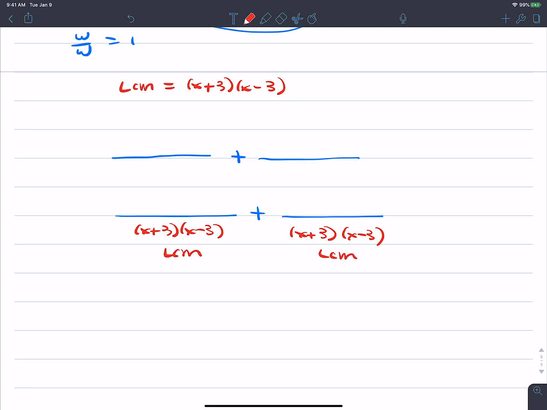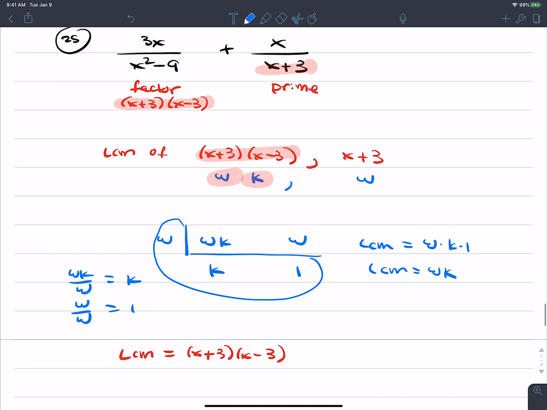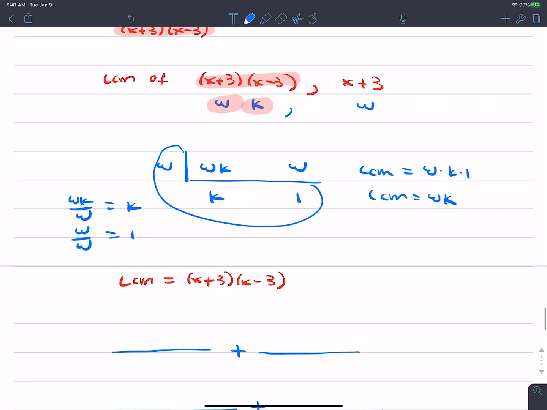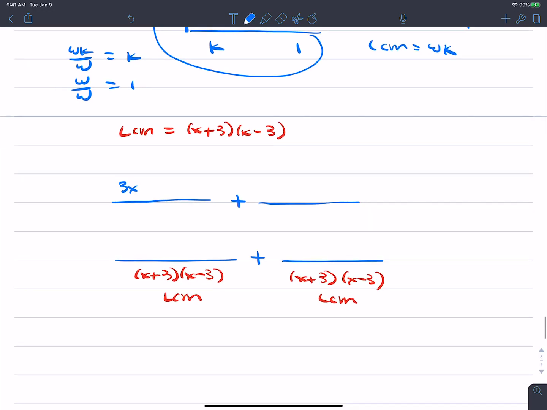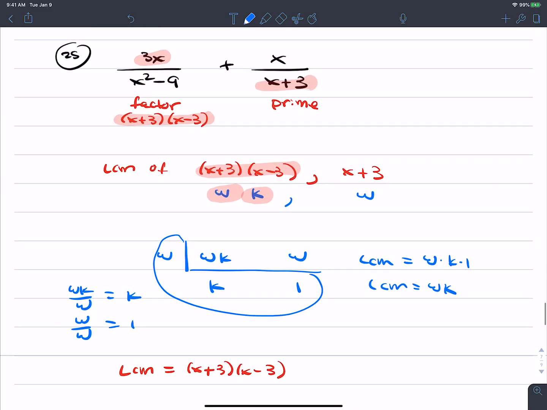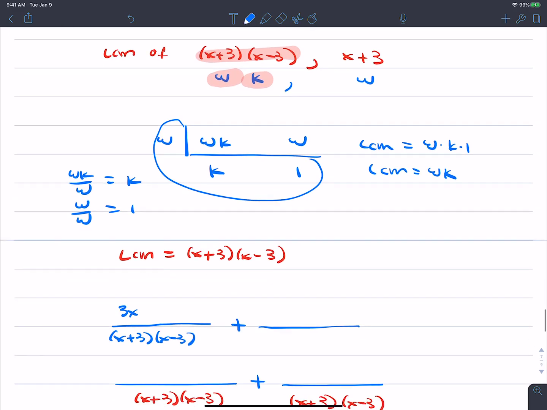We got the LCM. If we copy our numerators, 3x, we're going to use these terms, 3x over x plus 3, x minus 3. And for the second term, we're going to use the x over x plus 3.